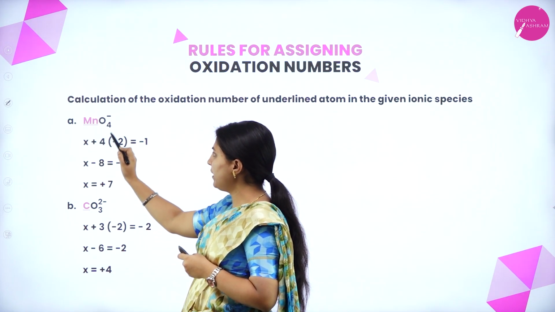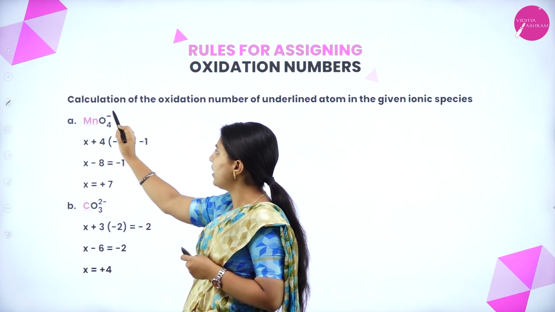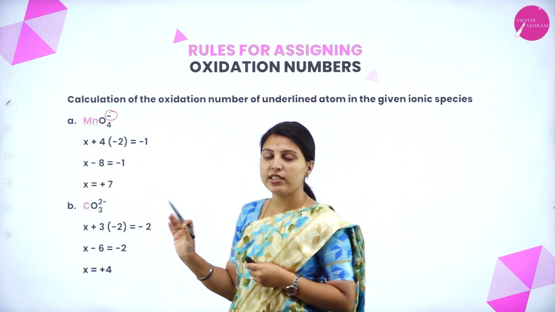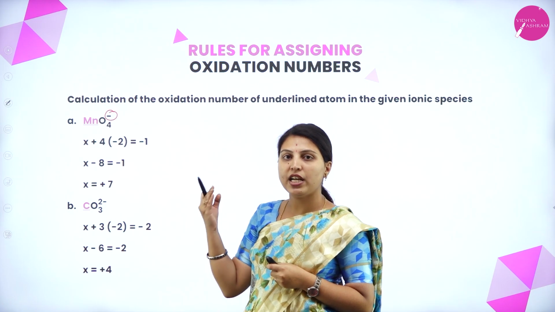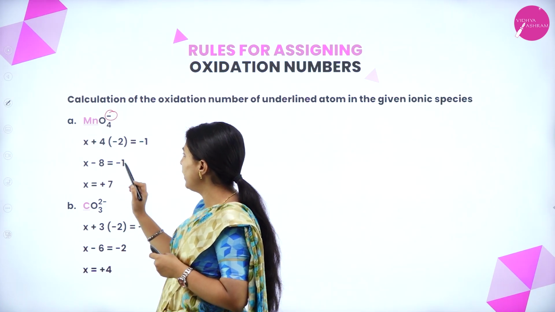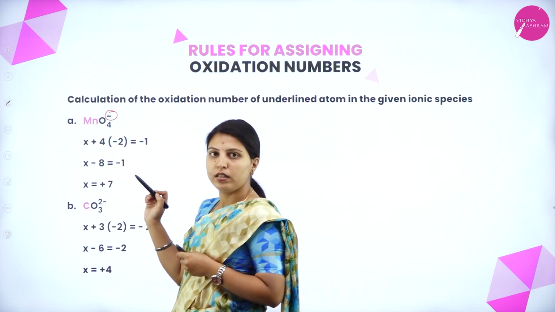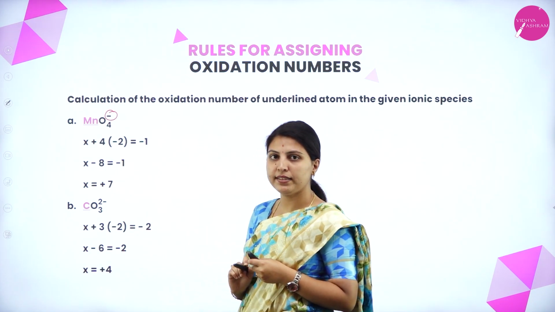So x plus 4 into -2 equals -1, because an ionic charge of -1 is present. Here the algebraic sum will not be equal to 0. You have to represent the ionic charge given on top of the compound. x minus 4 twos are 8, equals -1. Taking 8 to the other side, x equals +7.